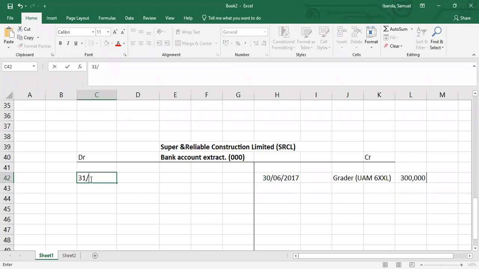So on 31st December 2017, balance brought down was still 300,000.